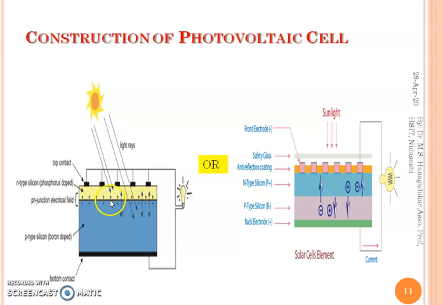In this photovoltaic cell unit, we are using silicon as the semiconducting material. We can observe that the upper surface of this cell is made up of N type silicon, which is doped with phosphorus, and has a thickness of 2 to 3 micrometers.